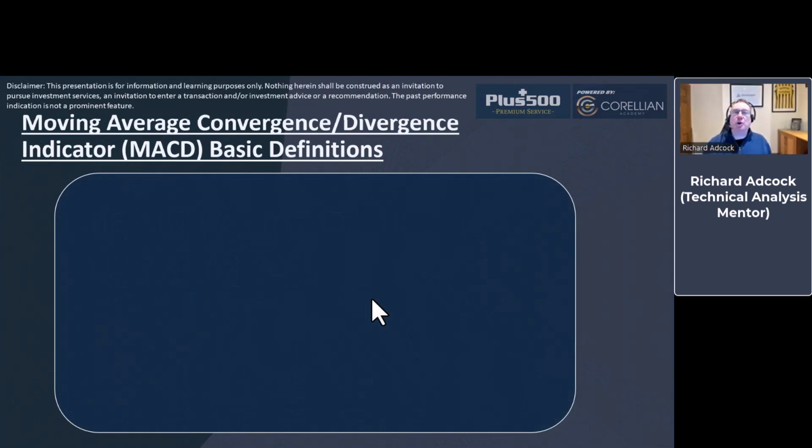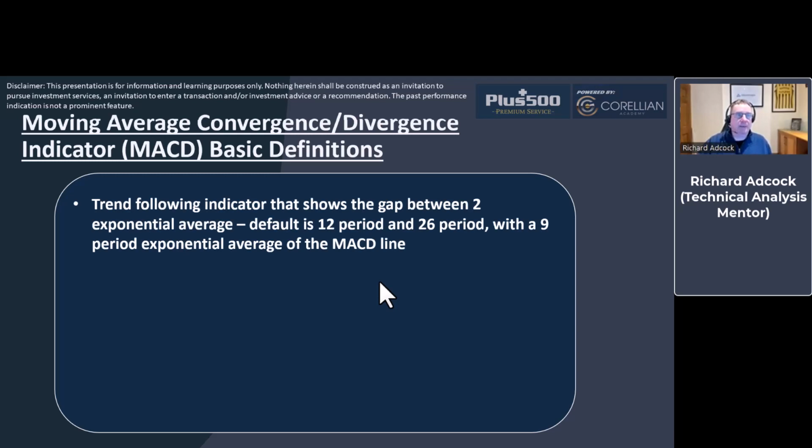The moving average convergence divergence is basically what the MACD is. The basic definitions really give us: it's a trend following system, and it's basically the gap between two exponential moving averages.